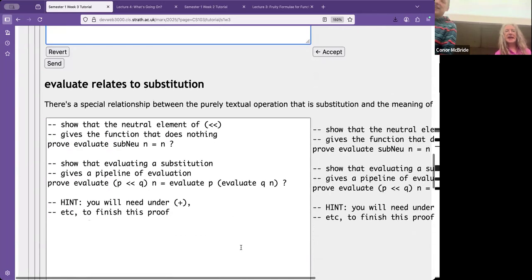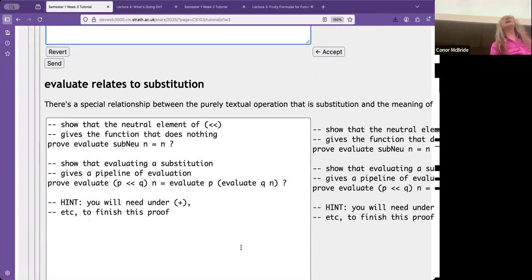And then there's a connection between the substitution and the evaluation. Funnily enough, it'll turn out that when you evaluate the neutral element of formula, you get the function that does nothing. So there's a formula that makes substitution do nothing, and when you evaluate it, it gives you the function that does nothing. Nothing will come of nothing.